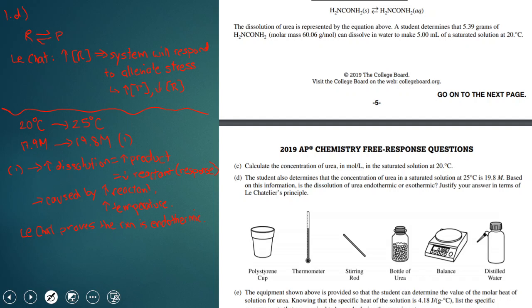And that's visible through the increased solubility or the increased concentrations of the aqueous urea. So it's essentially just recognizing that you have to work backwards and use the information that you're given in order to connect all the dots.